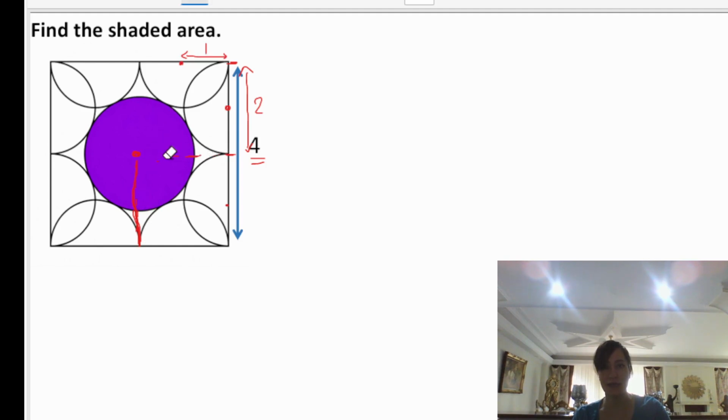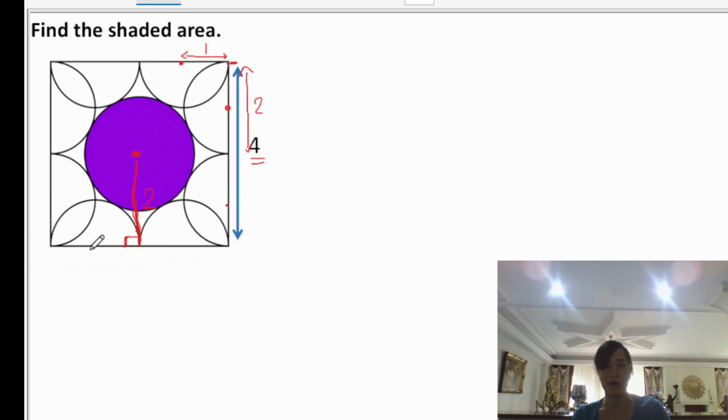So this length would be 2. I write this length would be 2, from the center to the border of this square. And I said this side is a perpendicular line.